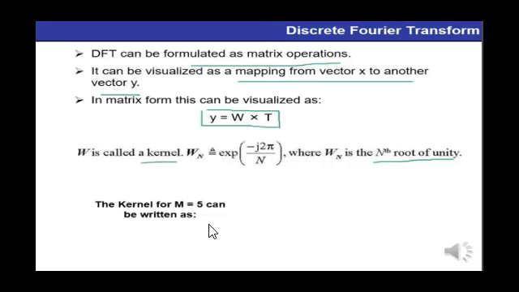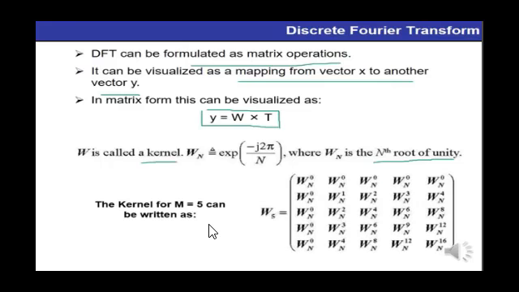Wn is the nth root of unity, like we can form n number of roots of unity, out of which Wn is the nth root. If we have a kernel for a value m equal to 4, we can represent W4 as shown in the diagram. So this is the value of W4.